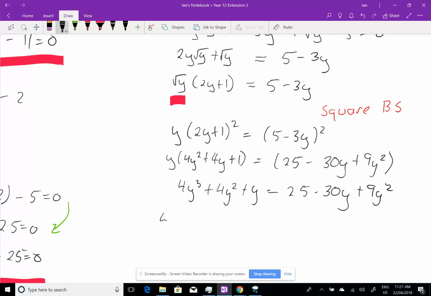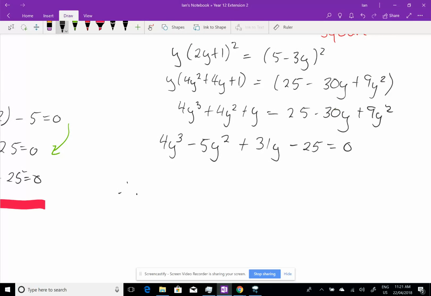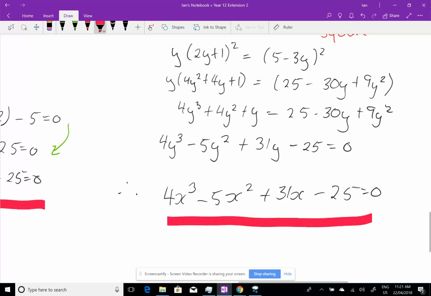Bring it all over to this side, 4y cubed minus 5y squared plus 31y minus 25 equals 0. Hence the required equation. Put the x in, 4x cubed minus 5x squared plus 31x minus 25 equals 0. Done. So that one was a little bit more difficult, but not undoable.